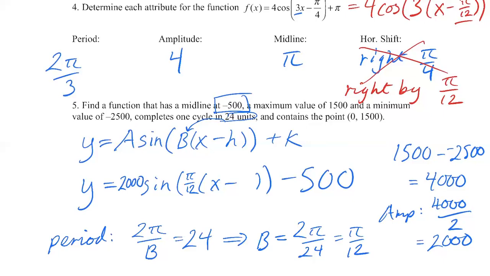Now, we're told that this contains the point 0, 1500. So the question comes to mind, does this describe a horizontal shift?